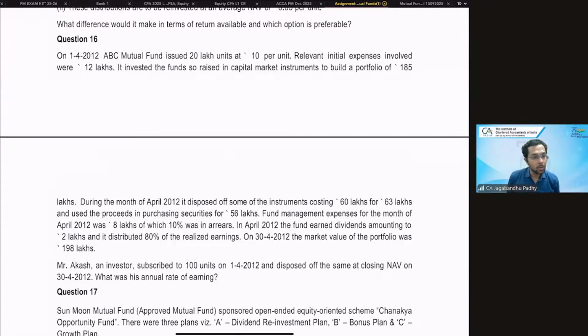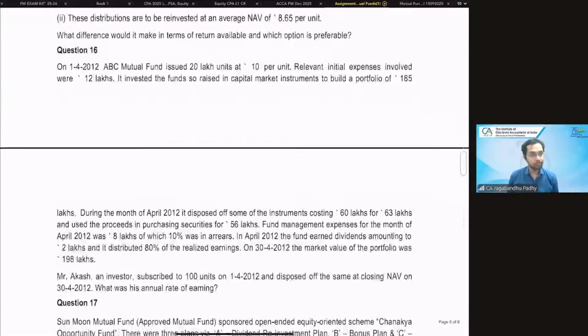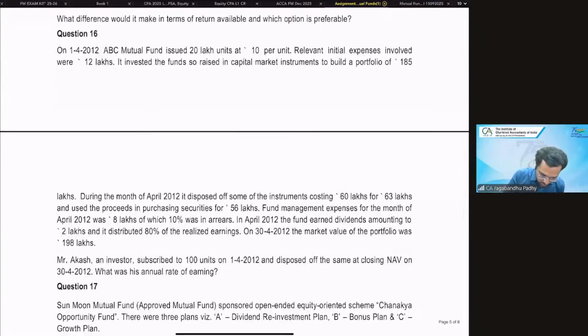Question number 16, guys. On 1/4/2012, a mutual fund issued 20 lakh units at rupees 10 per unit.